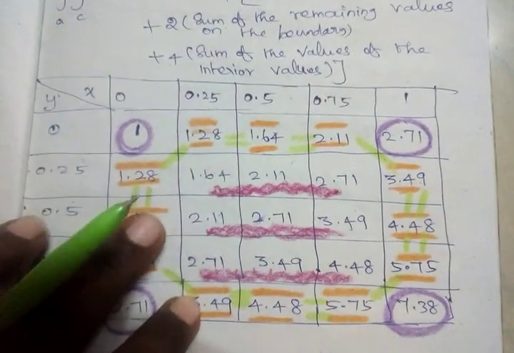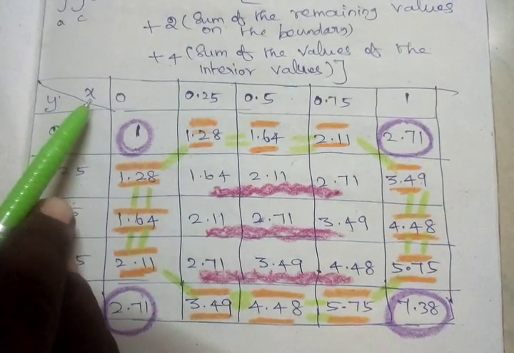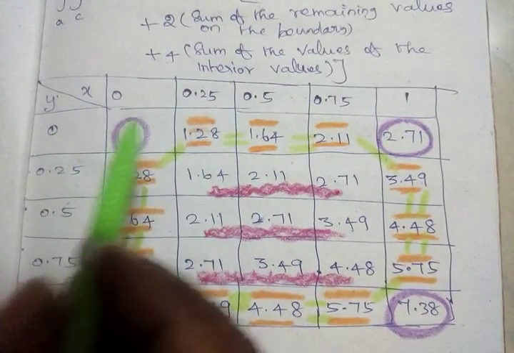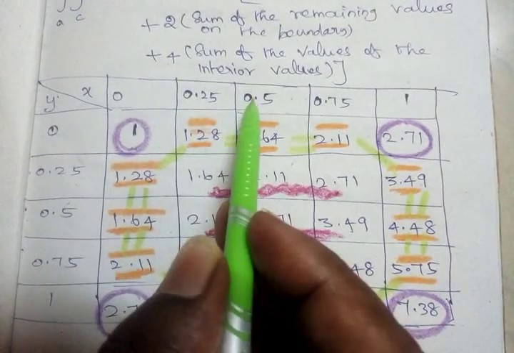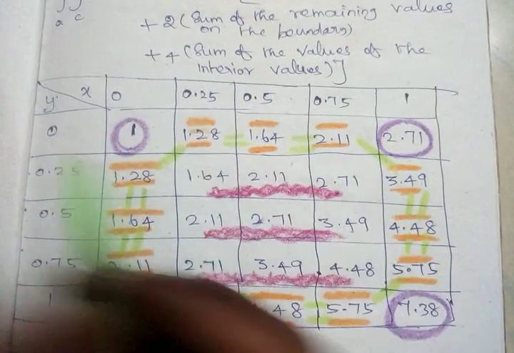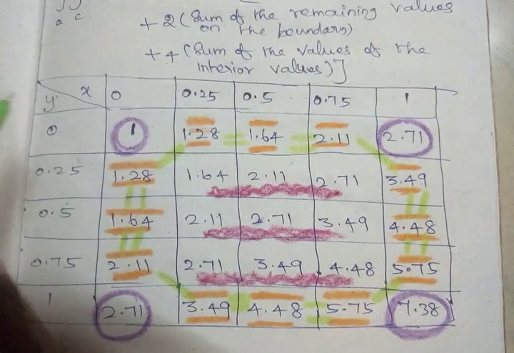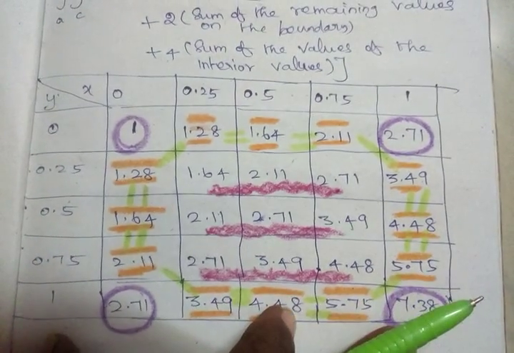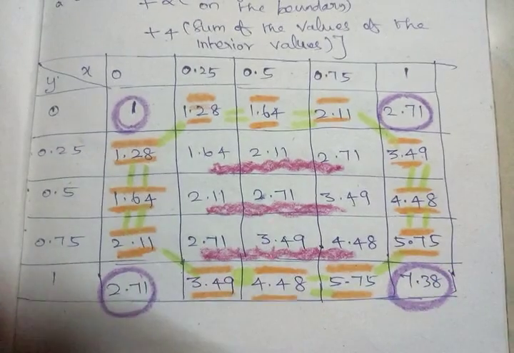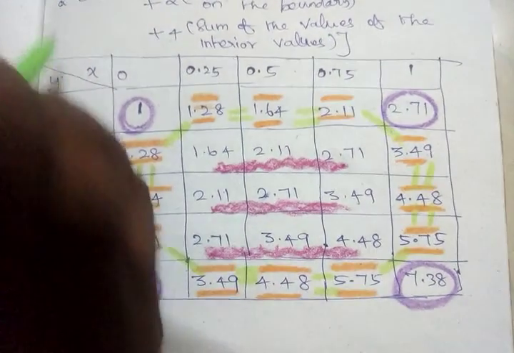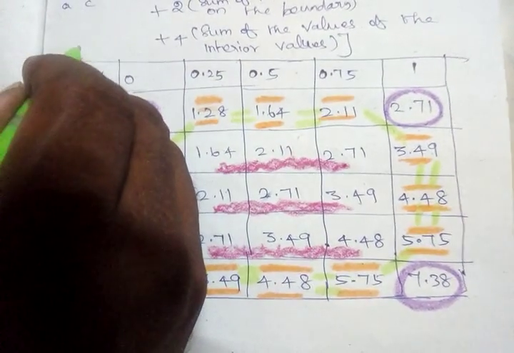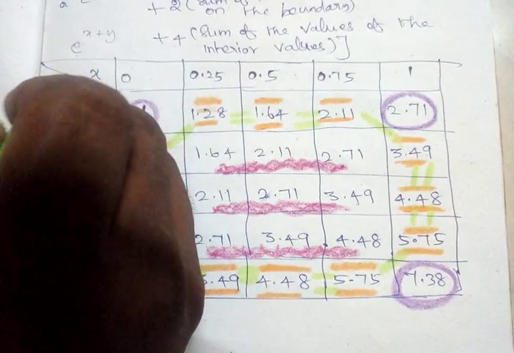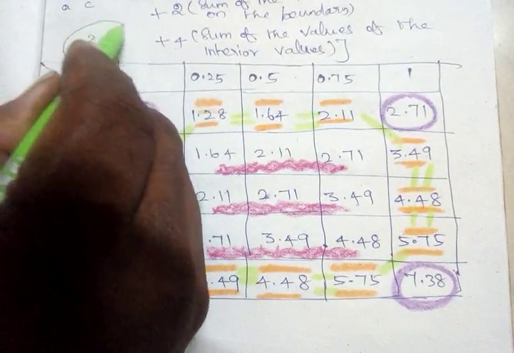So I am taking the table: column wise x values, row wise y values. So 0, 0.25, 0.5, 0.75 and 1. Similarly, row wise the same values, 0, 0.25, 0.5, 0.75 and 1. Using the function e power x plus y, don't forget, this is our function.